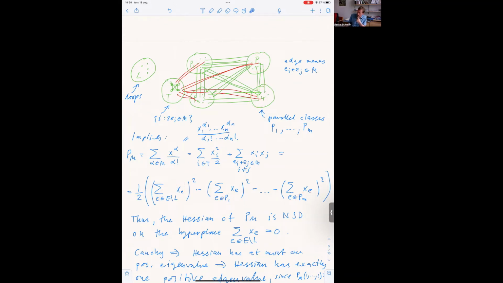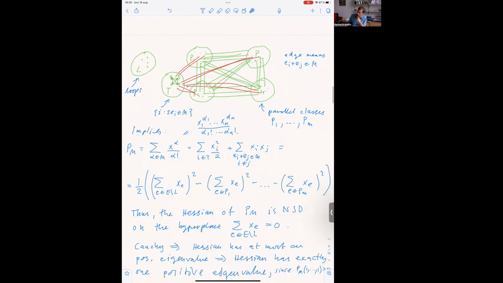Otherwise, for the other squares in here, they will cancel by the squares in here. We will get no terms like this. These will cancel from here to there too. So the only ones that survive are these ones and these ones. So this is not hard to check.